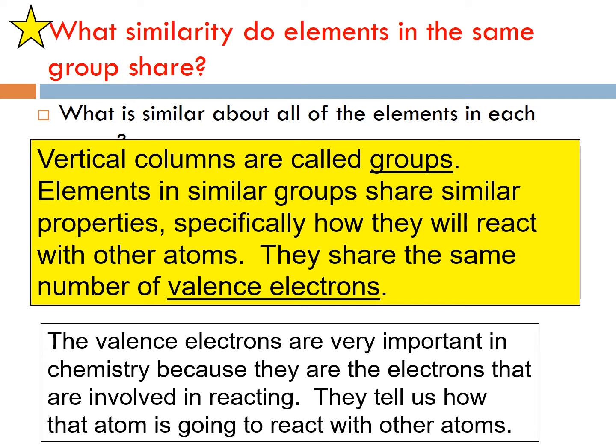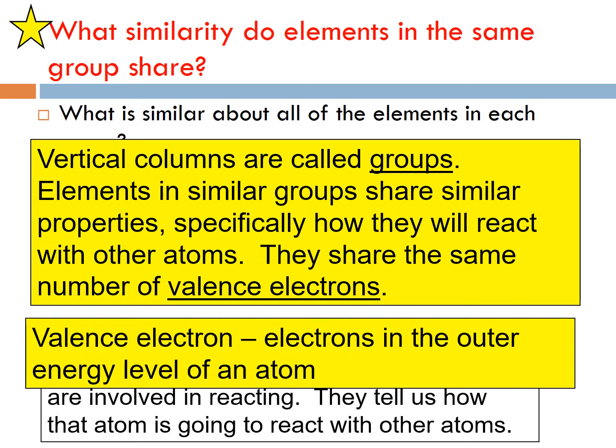Vertical columns, those that go up and down, are called groups. And we'll get to the rows later on; those are called periods. They all have the same number of valence electrons. So group 1 always has 1 valence electron. Group 2 has 2. Group 3, or 13 with aluminum, has 3, and so forth. Valence electrons, again, are electrons in the outer energy level of an atom.